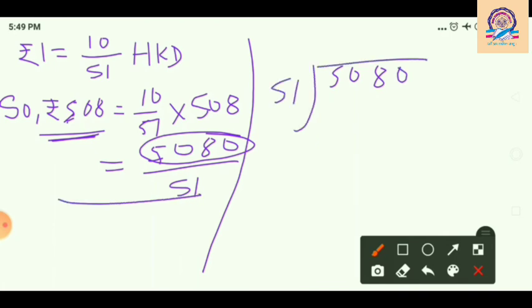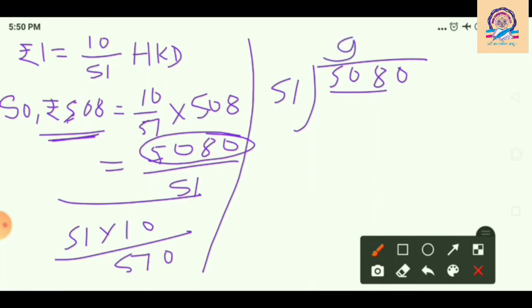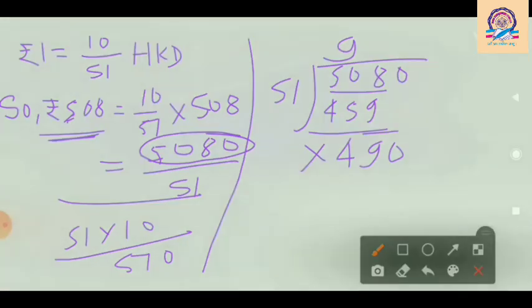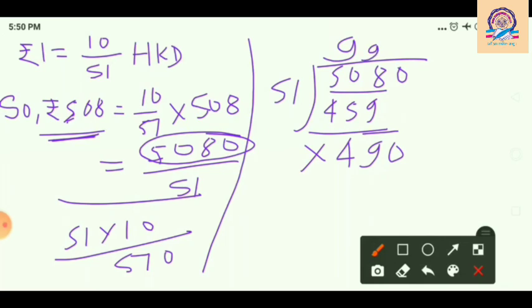As you all know that 51 10 ja it will be 510. So first 3 digits is 508. So by 9 ja we can divide easily, because 10 ja it is 510, so it is more than 508. So 51 9 ja, we will get 459. So subtract it, we will get 9 and here we will get 4. Bring down 0, so we will get 490. So once again 51 9 ja, 459 we will get.